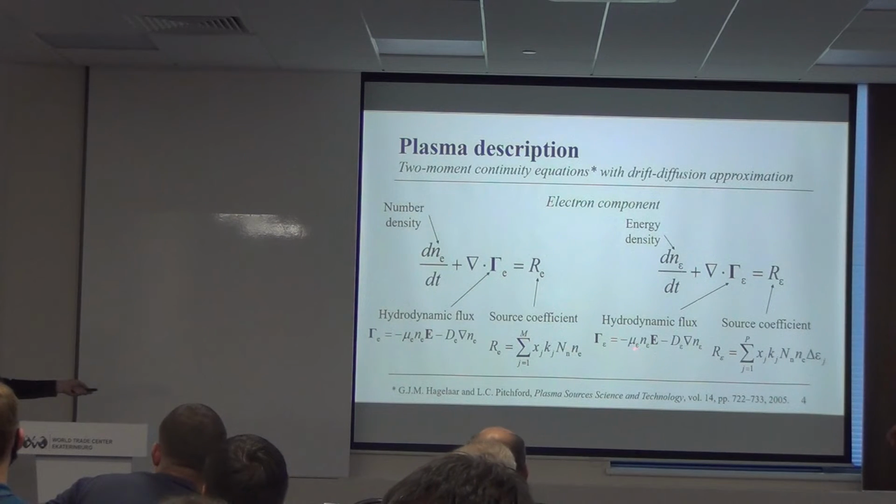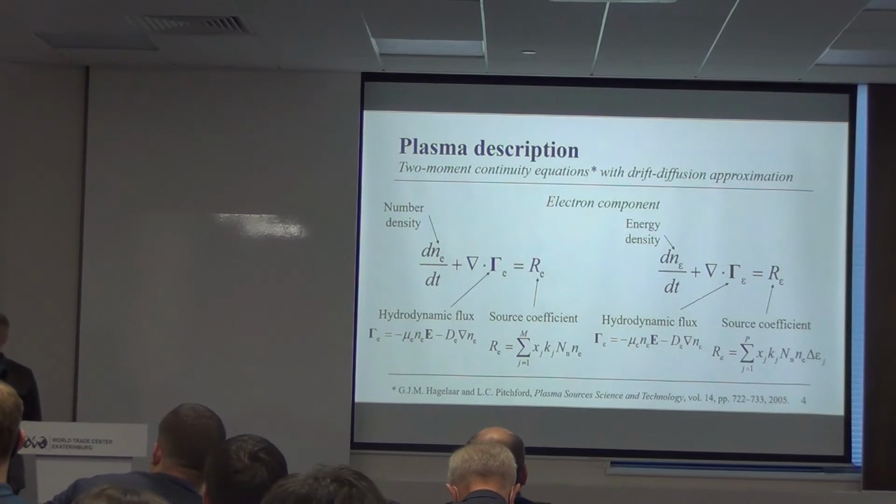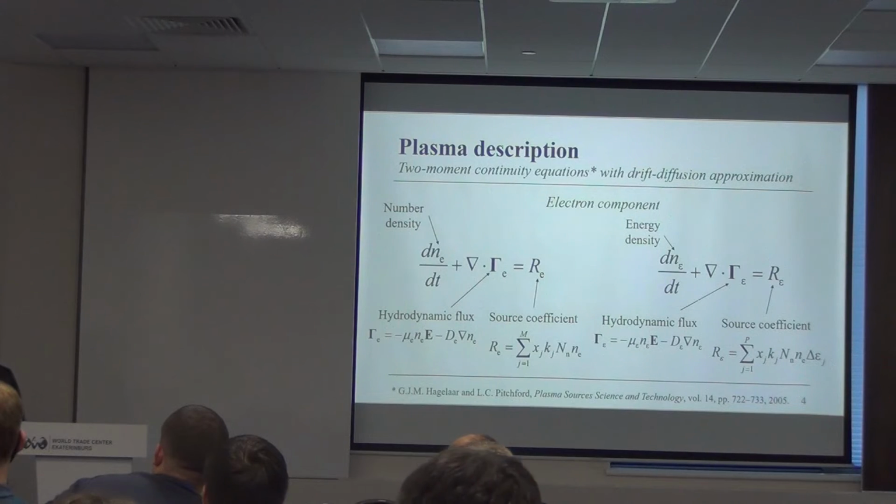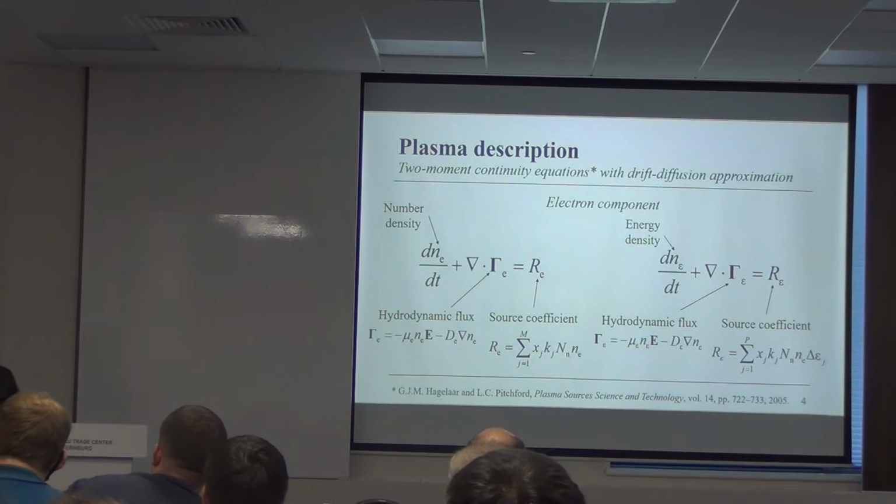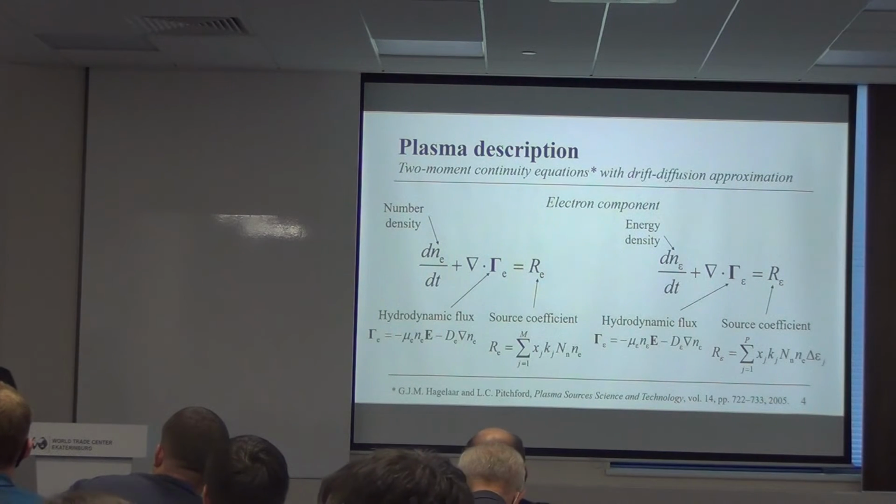But if you obtain the electron energy distribution function as a result of solving the Boltzmann equation, you can determine all the kinetic parameters: mobility, ionization coefficients, and so on.